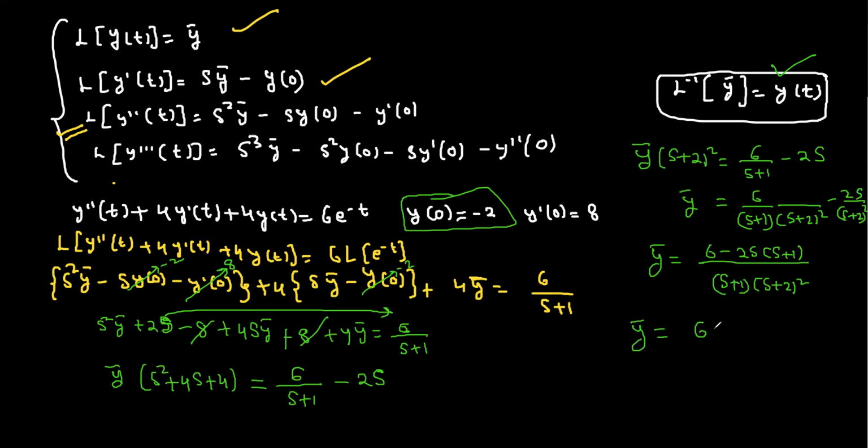After this, it becomes 2s square minus 2s, s plus 1. See, take 2 common.